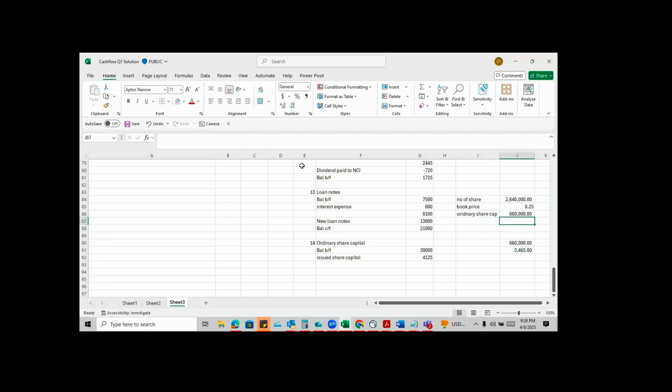If I know my ordinary share capital, and what we received was 4 million, in thousands, then the share premium part would have been this minus this.